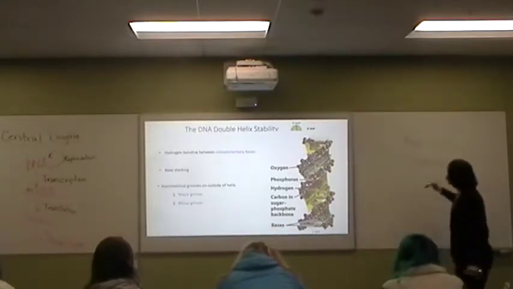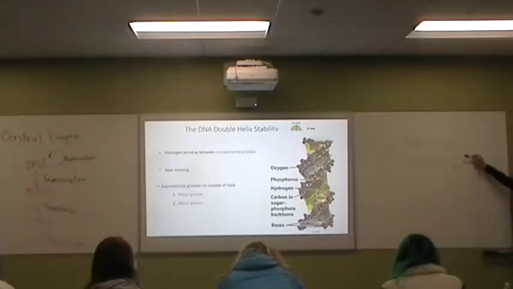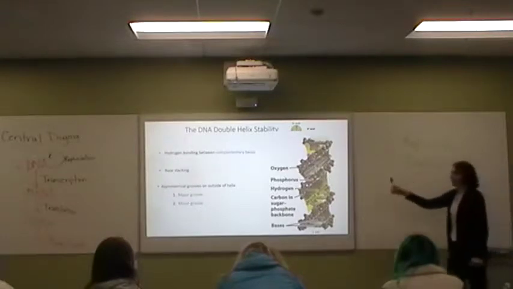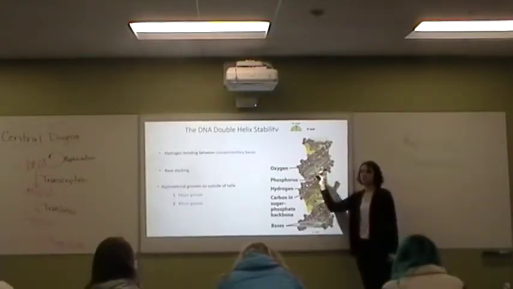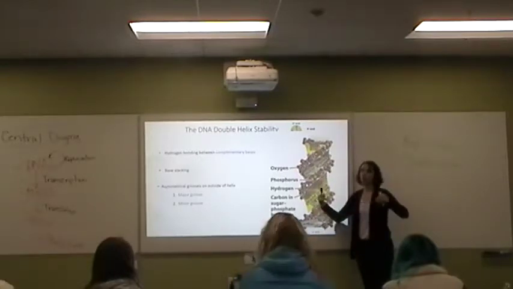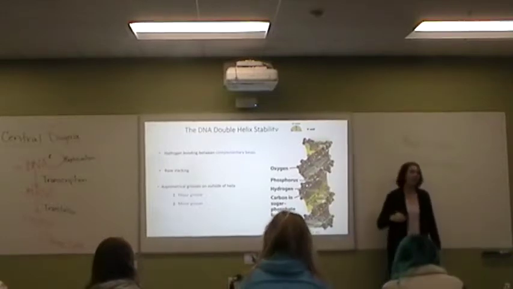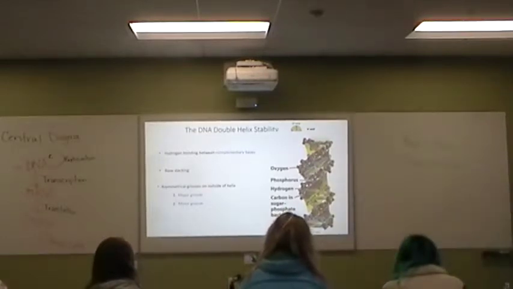But the enzymes and the cellular machinery that allows us to do these two things are designed to fit into the major and minor grooves at the initiation of the process, and then open up the DNA. Okay, so these grooves are necessary in order for these things to take place, or in order for our central dogma to work.